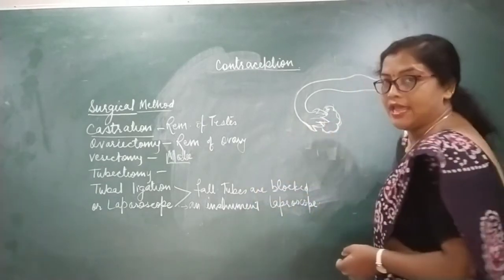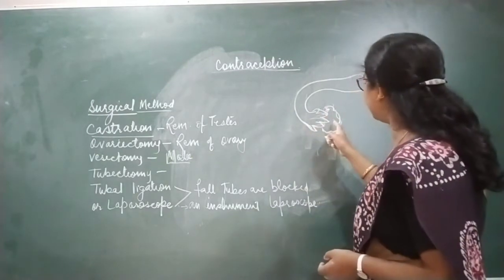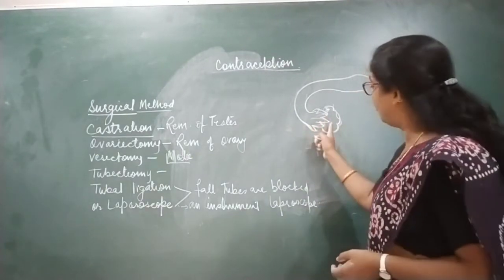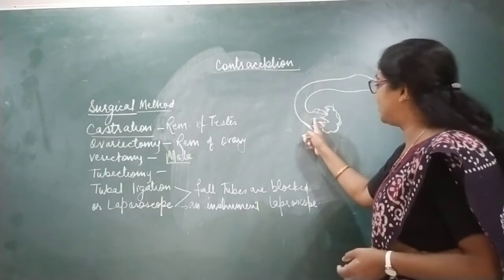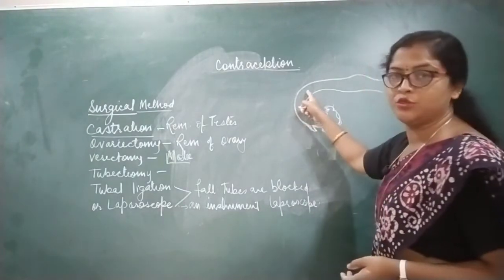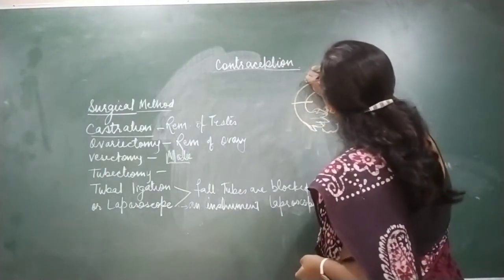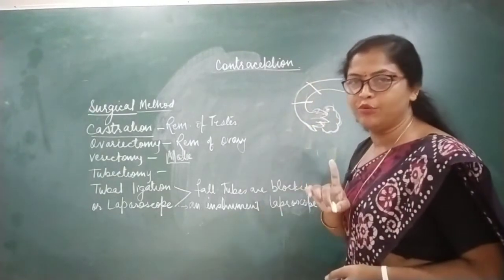Two ovaries are there. So what is done here? Exactly where ovulation happens, this ovary, ovulation happens from it, then the egg goes to the fallopian tube. So right here only, a part of the fallopian tube is cut and removed.